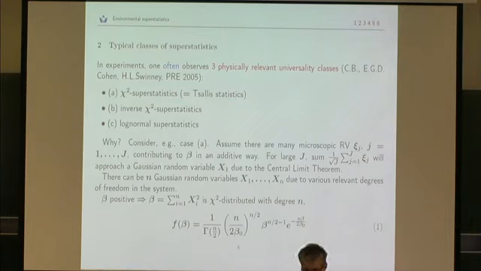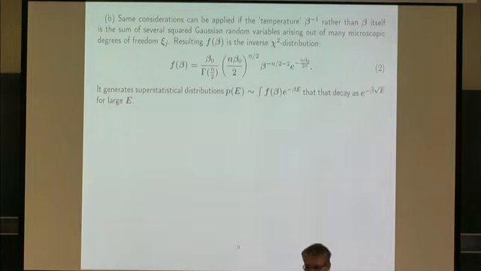So that would be chi-square superstatistics. But for inverse chi-square superstatistics, rather than regarding beta as a sum of these Gaussian random variables squared, you may regard the inverse temperature as being directly composed of these random variables, and then by simple transformation of random variables you end up with this distribution f of beta, which is called the inverse chi-square distribution, and that has now the 1 over beta in the exponential rather than beta in the exponential.